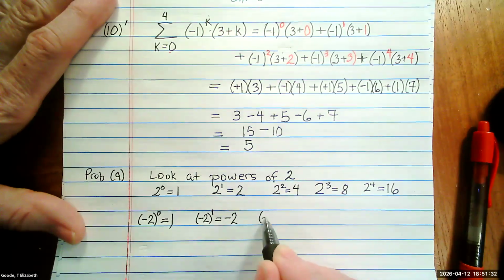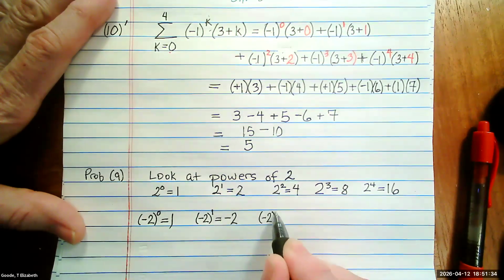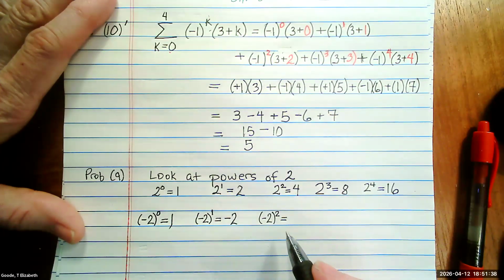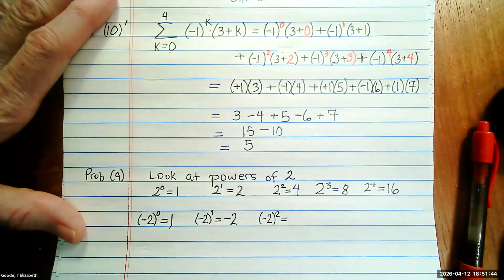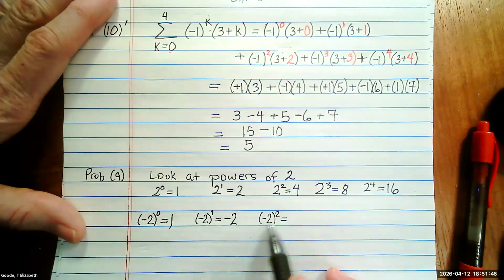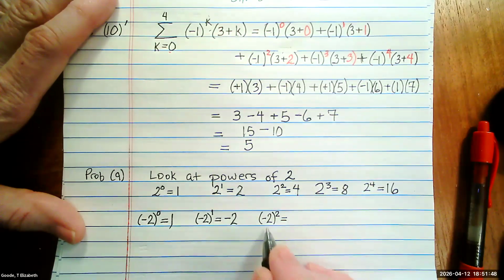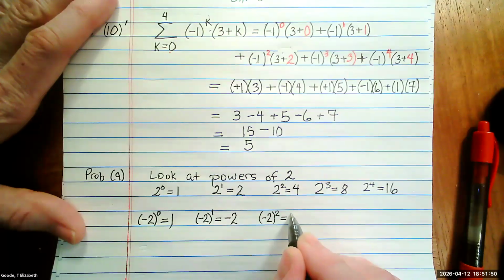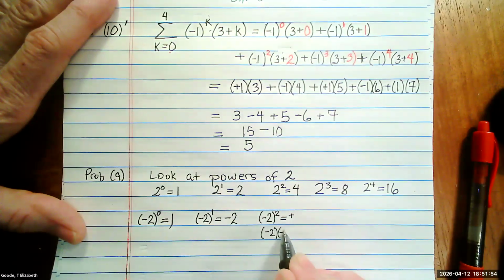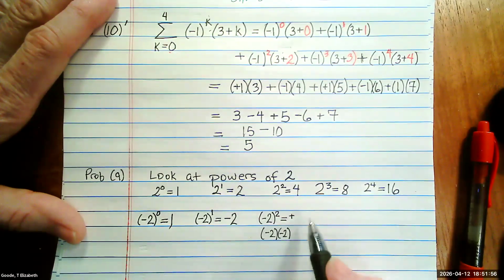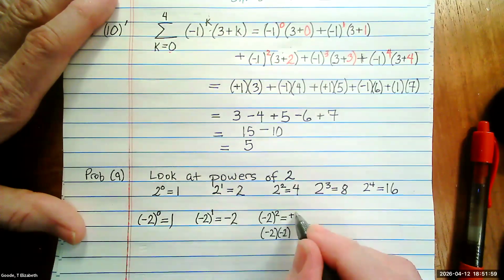What do you think -2 squared is going to be? First of all, is it going to be positive or negative? Positive, because it's -2 times -2, and it's an even number. So it's going to be 4.